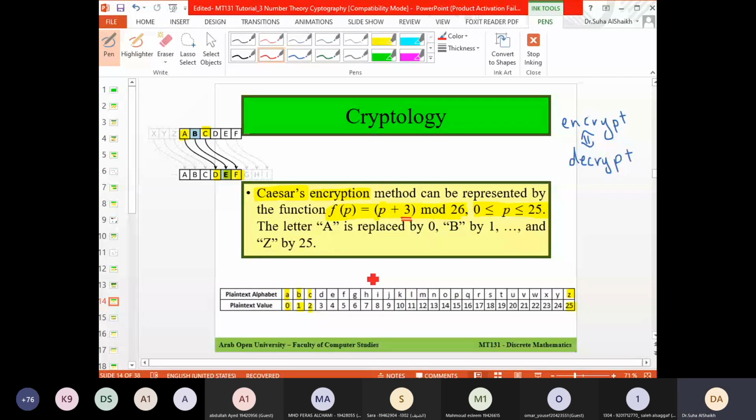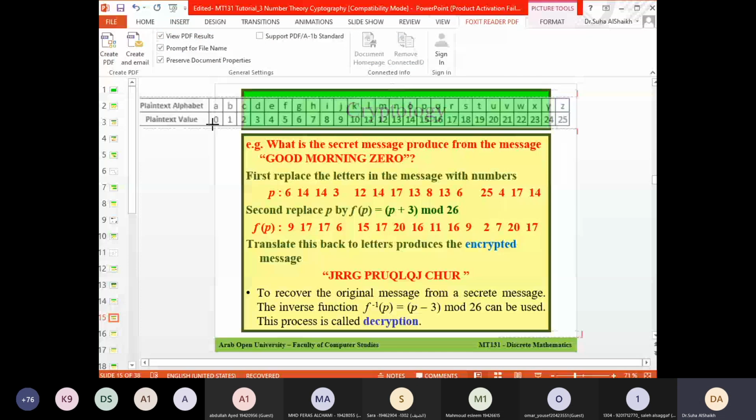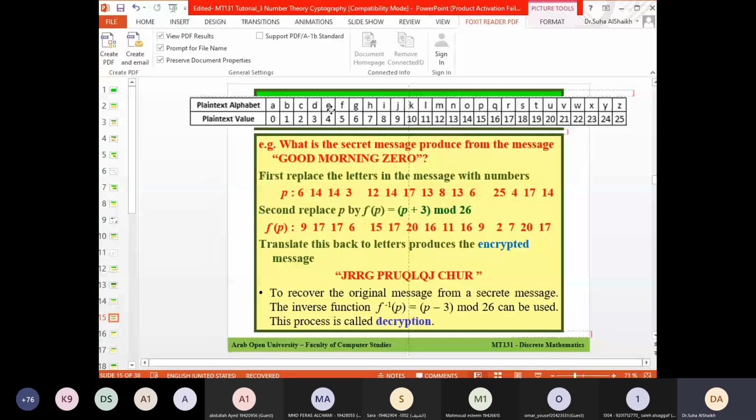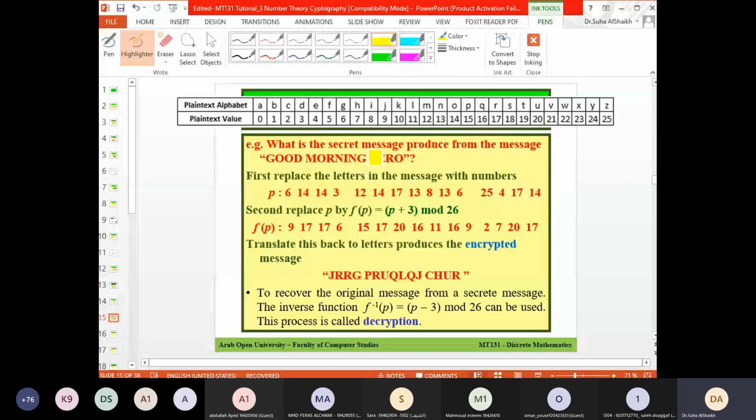Of course, to understand this we need an example. Check this example that we have here. What is the secret message produced from this message: Good morning? I want to make it into a secret message.